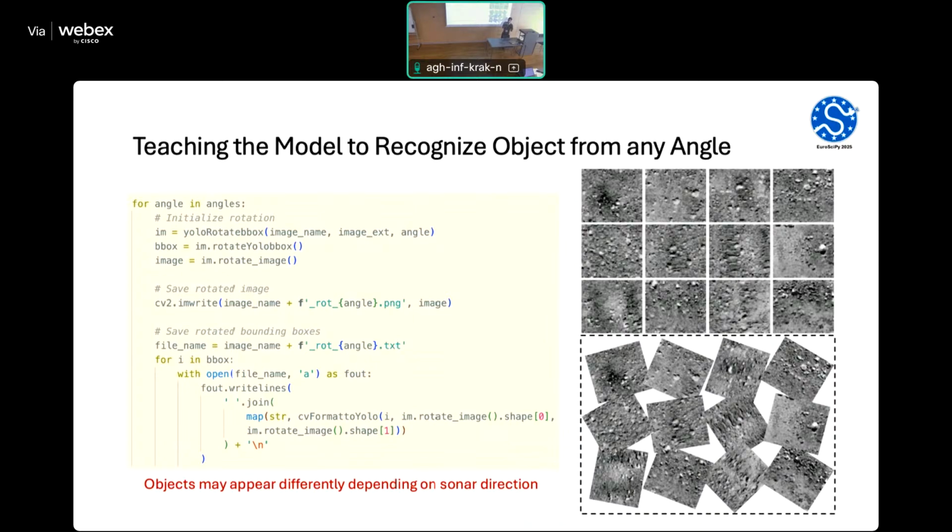So you can rotate these images and teach the machine learning model to pick boulders. A boulder might look different depending on how it has been picked up, because if you think about insonification, just like the sun goes around and our shadow moves, the same thing happens in sonar.